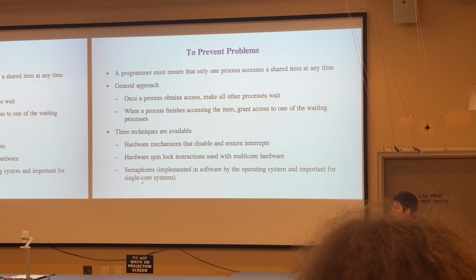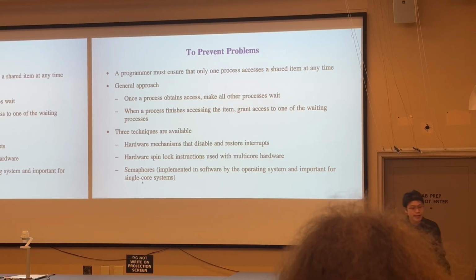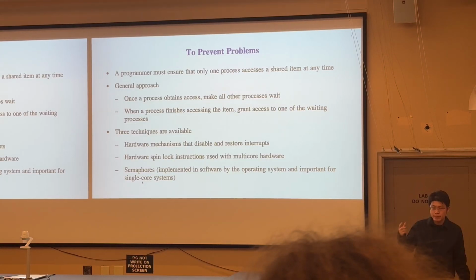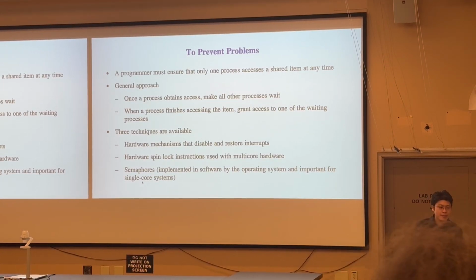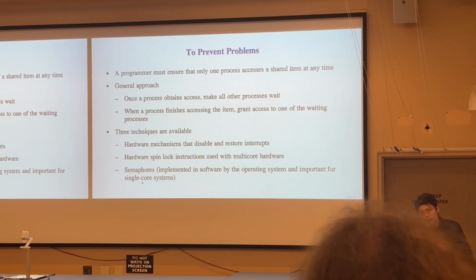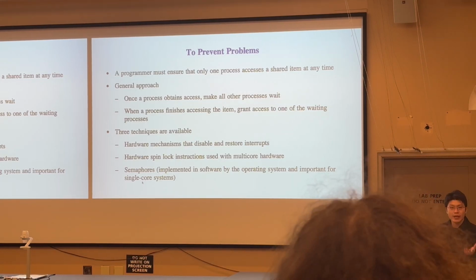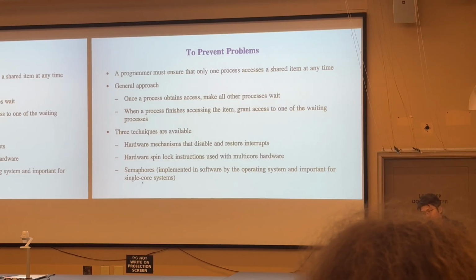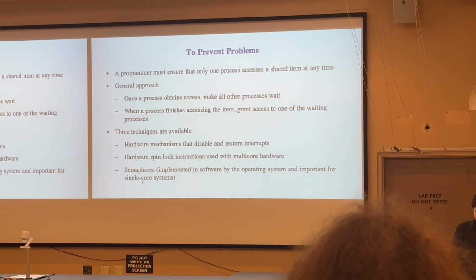But the high-level difference is that the spin lock consumes CPU while you are checking for this lock. But with semaphore, the process is going to give up the CPU voluntarily, put itself into the semaphore queue, and wait for another process to signal it.